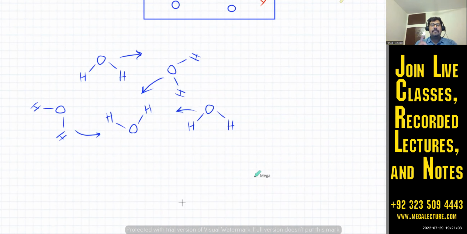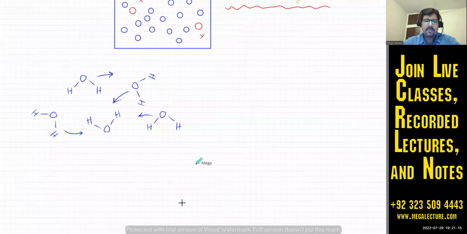So now what will happen is, sometimes during this collision, one water particle collides with another.